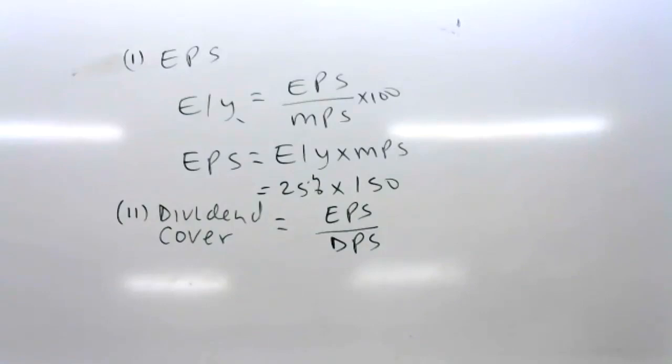I've given you two formulas: either earnings available to the ordinary shareholders divided by total ordinary dividends declared and not paid, or simply earnings per share divided by the dividend per share.